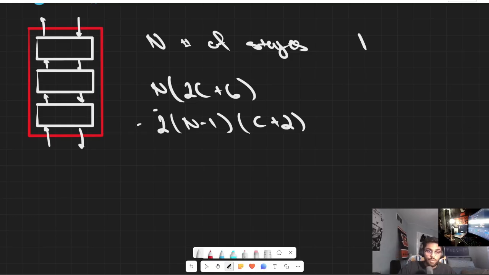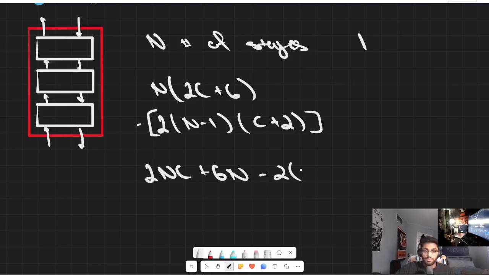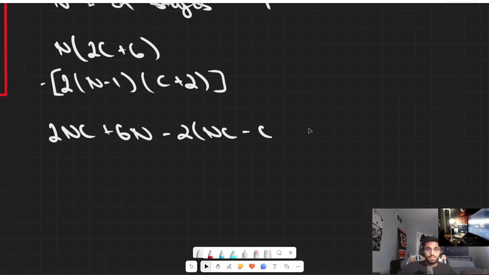So what do we do now? Well, we can go ahead and subtract these two values from each other. So we're going to have 2nc plus 6n minus, so let's say this is 2n, so 2 times nc minus c, and then we also have a positive 2n plus 2n, and then, did I do that right?